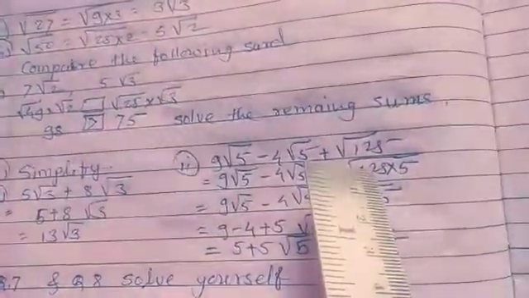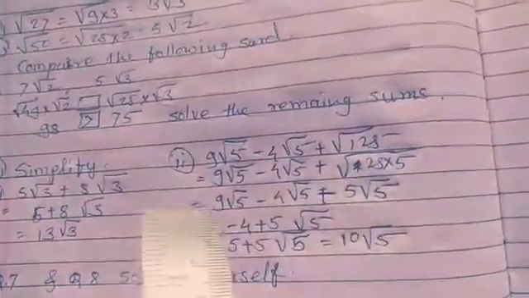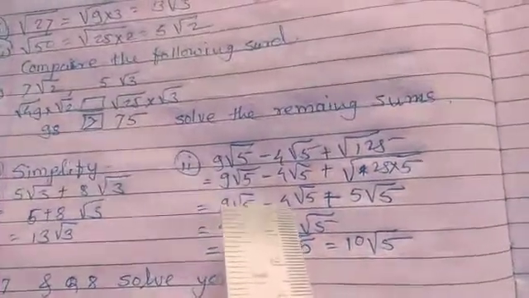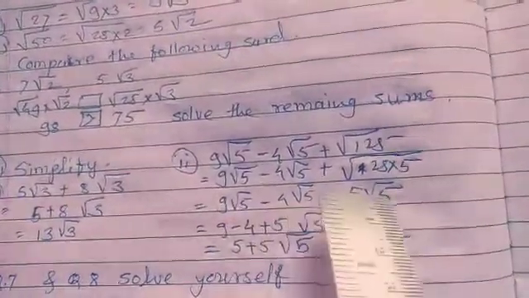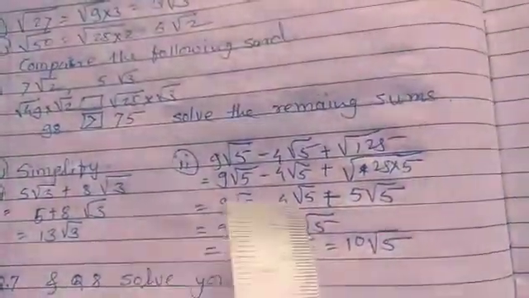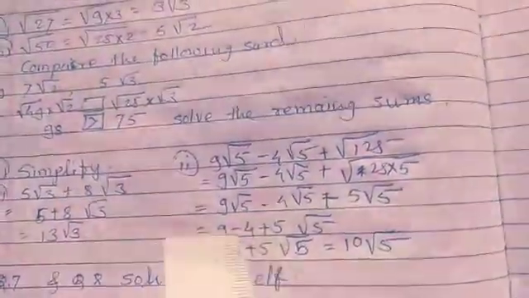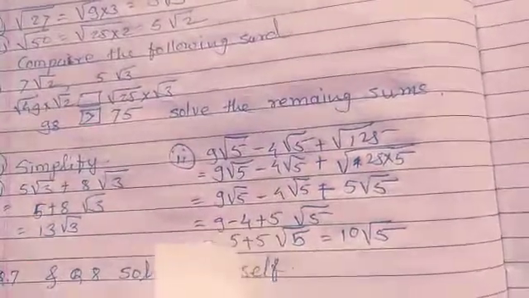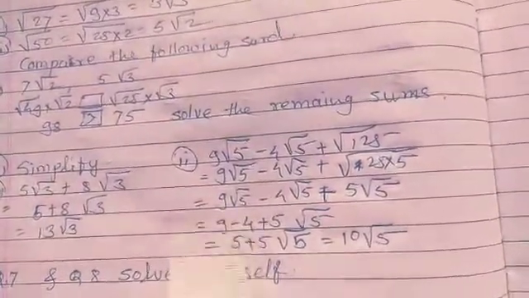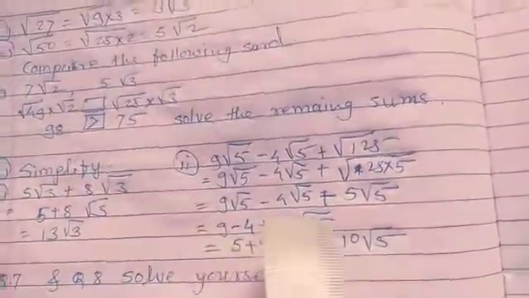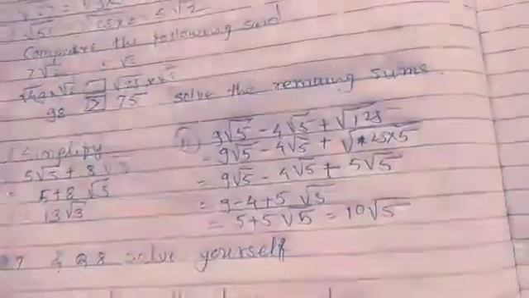The square root of 25 is 5, so 9 root 5 minus 4 root 5 plus 5 root 5. Here 9 minus 4 is 5, plus 5 means 10 root 5 is the right answer.